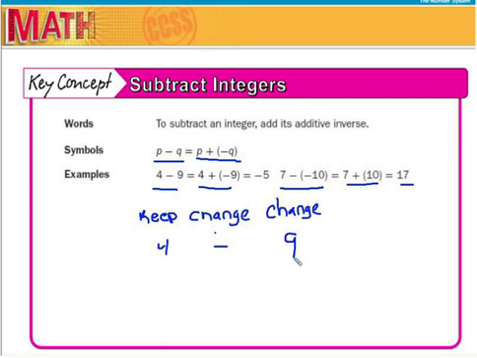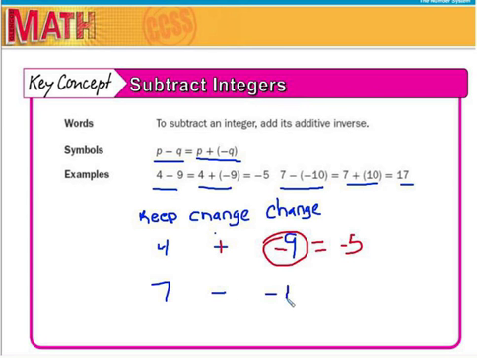Using keep, change, change, I would keep the 4 the same, I would change the subtraction sign, and then change the sign of the second number. So now I do have an addition problem, but different signs, so I subtract, take the sign of the greater absolute value.